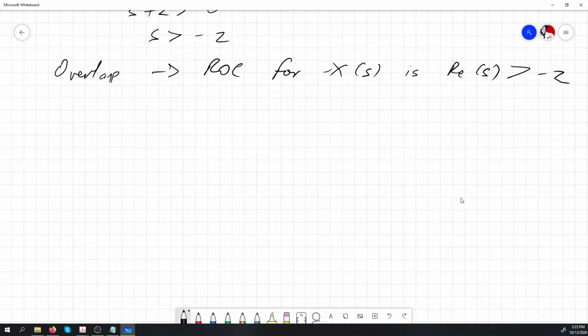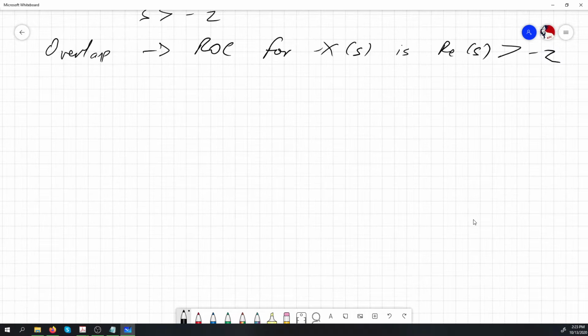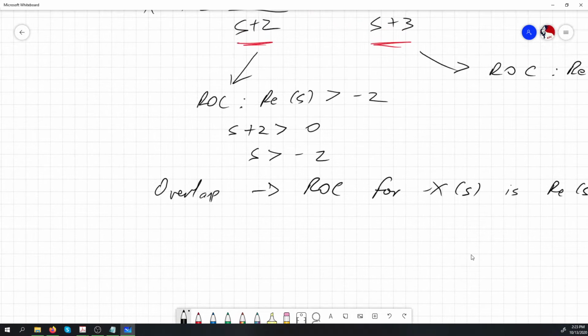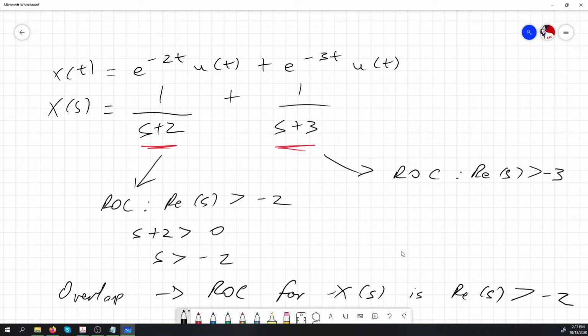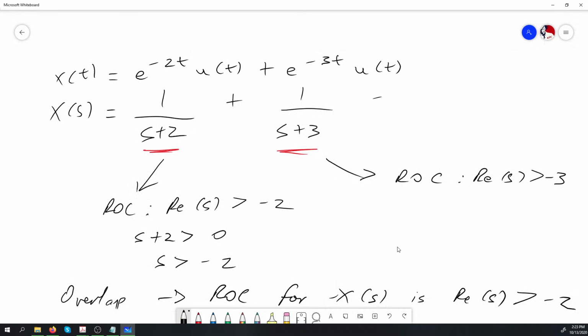The pole-zero plot for this, so if I have to do the pole-zero plot, this means I want to expand this out accordingly. So if I expand this out, you get 2s plus 5 divided by s plus 2 into s plus 3.